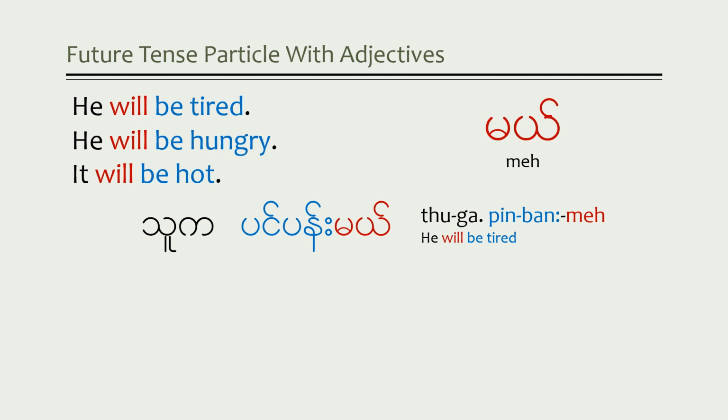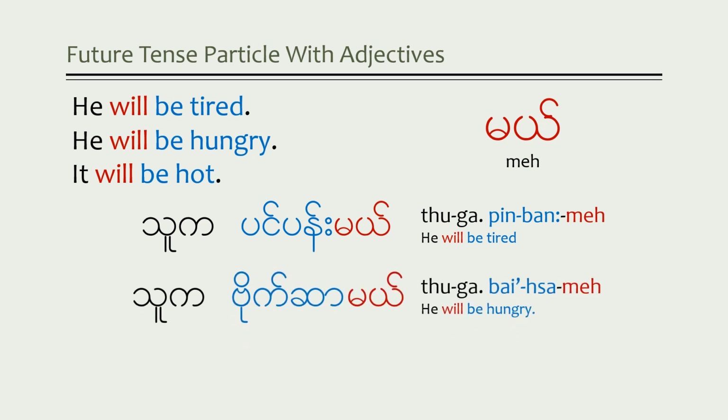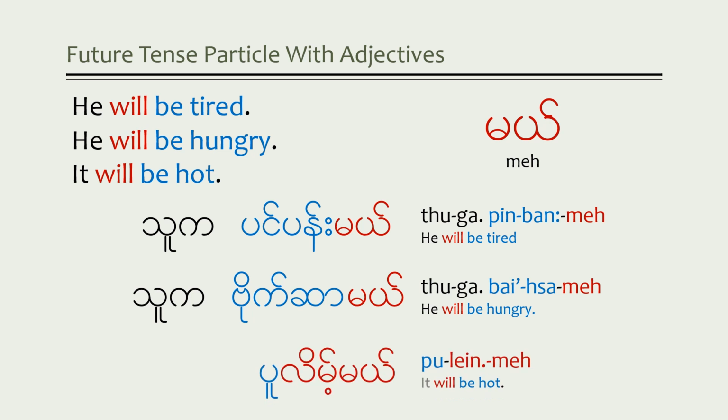Tuga bimbam me. He will be tired. In the second one, tuga baisa me. He will be hungry. Basically, we've done the same thing. But now in the phrase, it will be hot, it reads, Pule me.